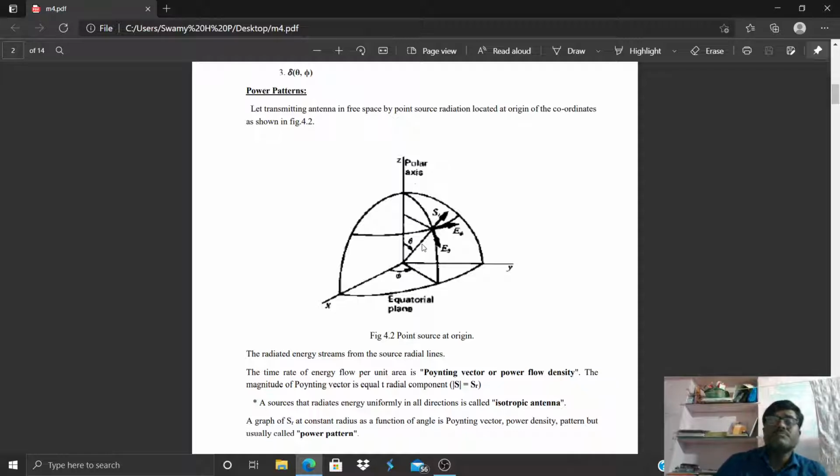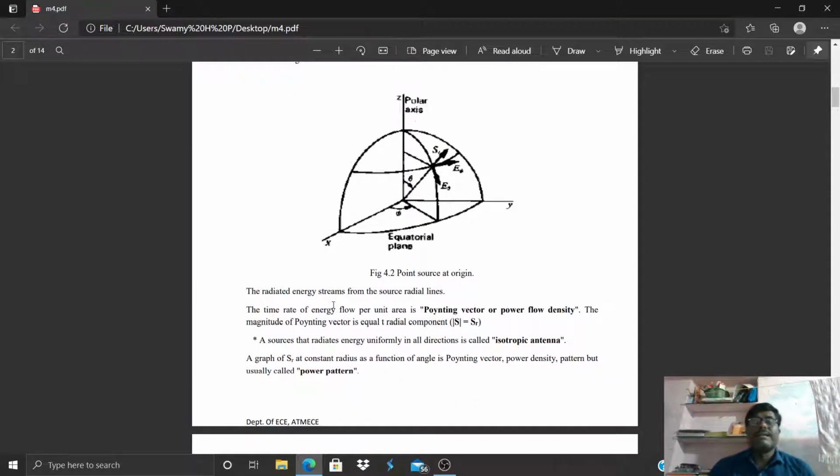So the radiated energy streams from the source along radial lines. It will be radially outward in nature. That's why S_r is represented by a straight line from the point source to the point where you are going to measure the power and field component.